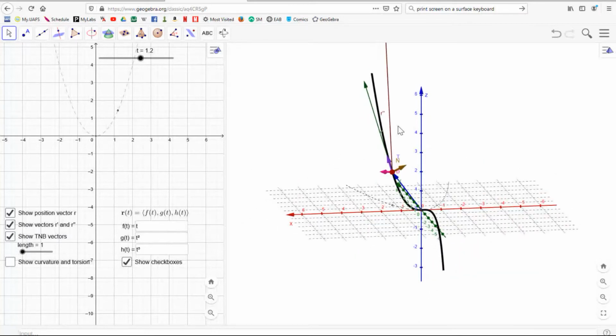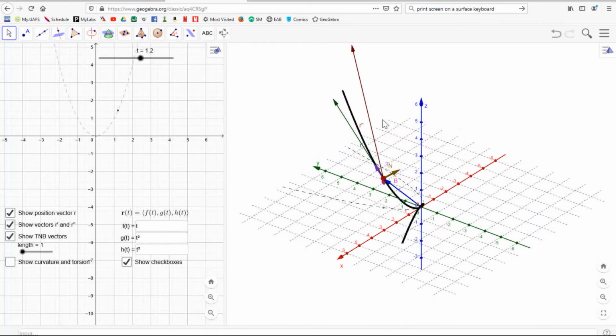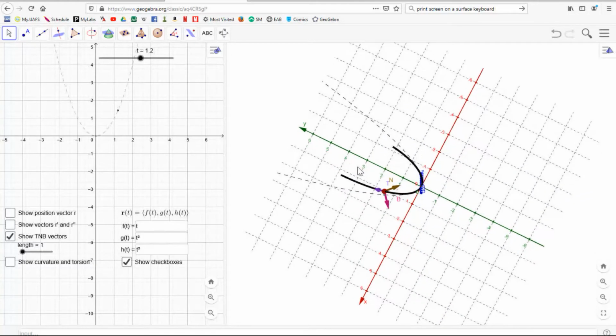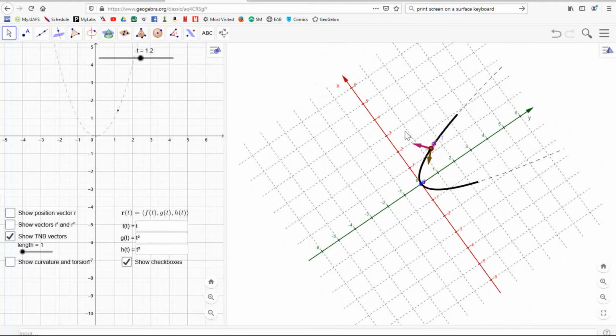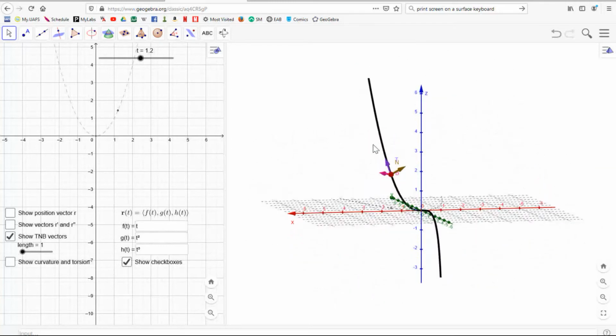Notice that the tangent vector is the purple one here, and it's going in the same direction as the green velocity vector. So I'm going to take away the velocity vector. In fact, I'm even going to take away the position vector. And now you just got those 3 vectors. And notice that they form little right angles. They're kind of like i, j, and k coordinates, but from where you are.